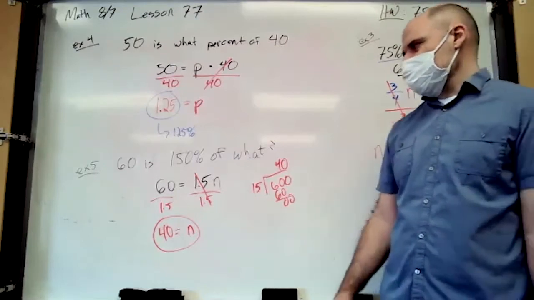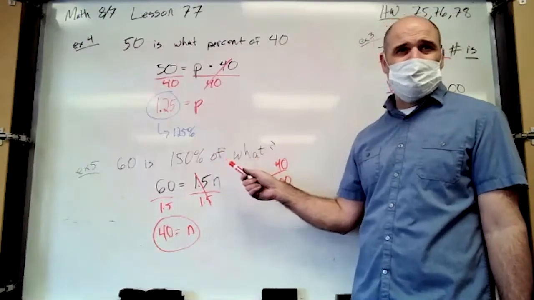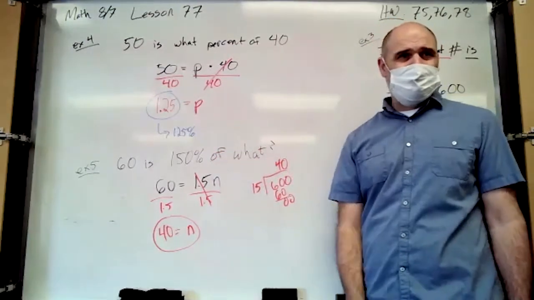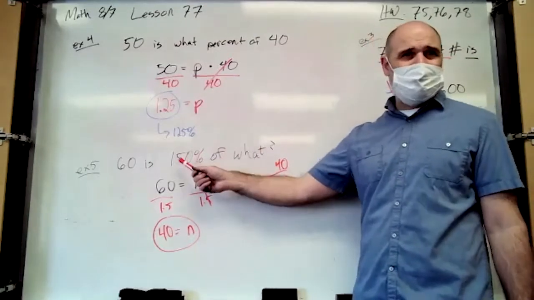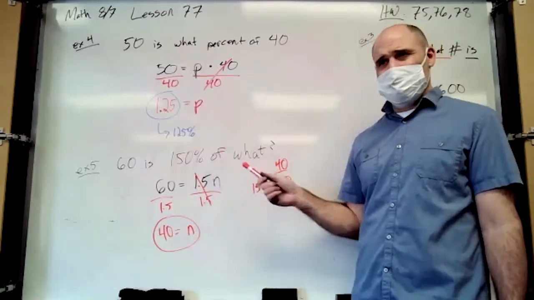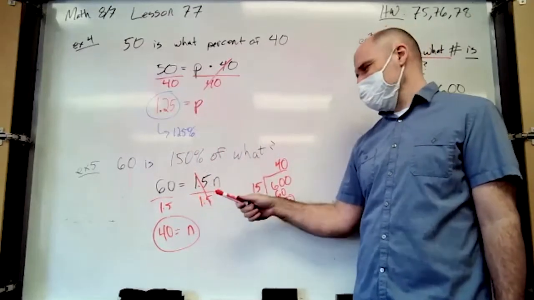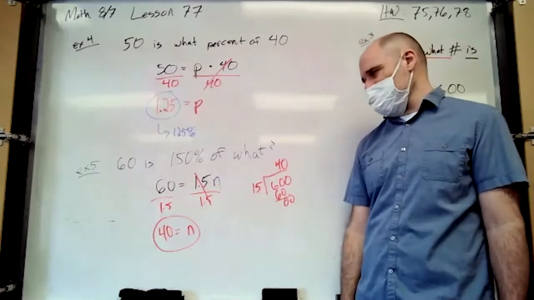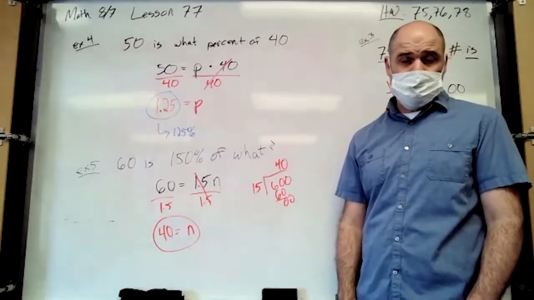But if you think about this too long, it's going to be confusing. So that's why I say don't think about it. Just translate it into math. I don't want to do math in English. That's dumb. Okay? Do math in math. Translate it to math. Solve that equation. Just get n by itself and you're done. Okay? Any questions?